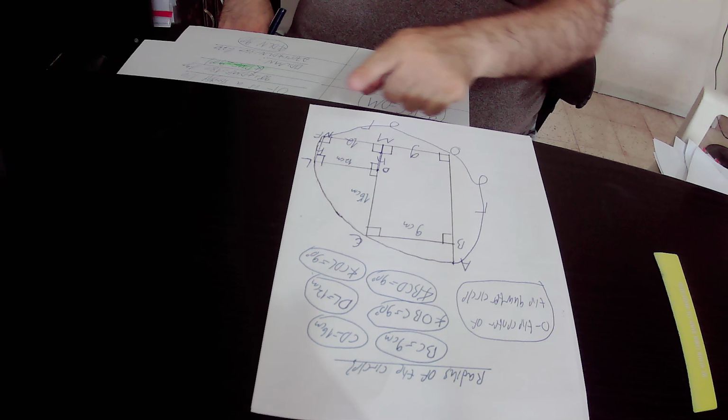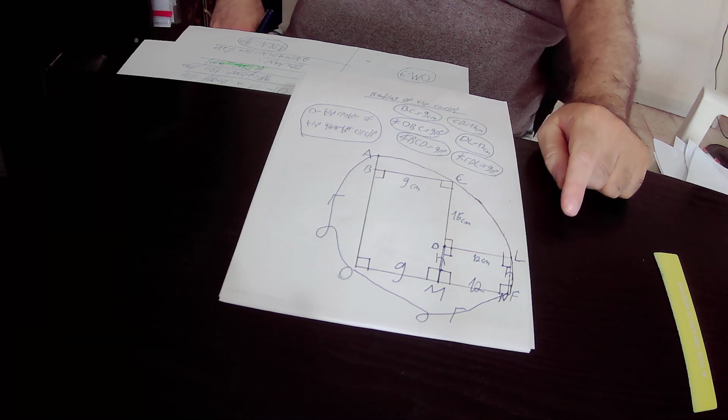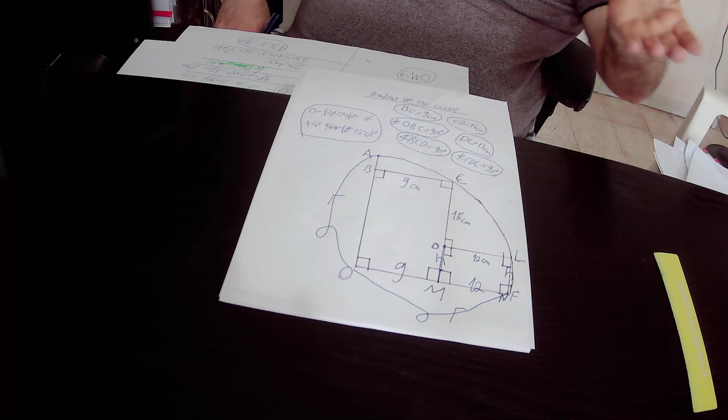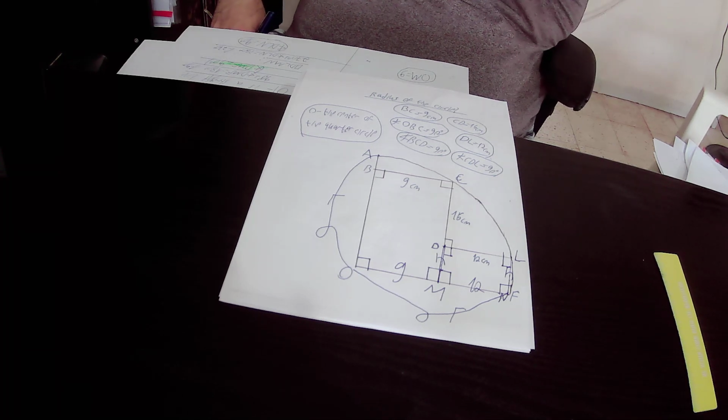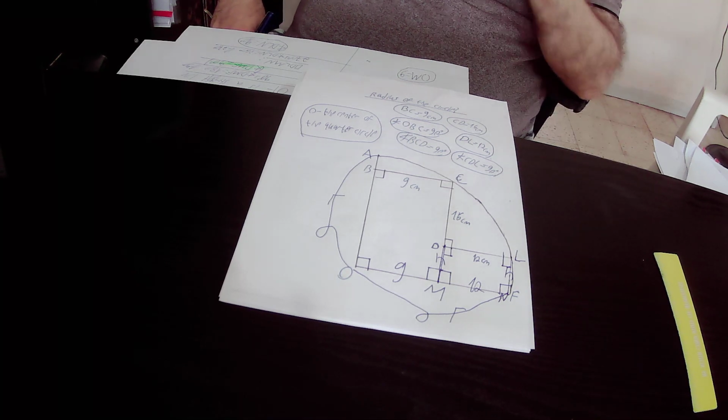Therefore, line segment ON is equal to OM plus MN. That is to say, ON equals OM, that is 9, plus MN, that is 12. 9 plus 12 is 21. So here, ON equals 21 units.